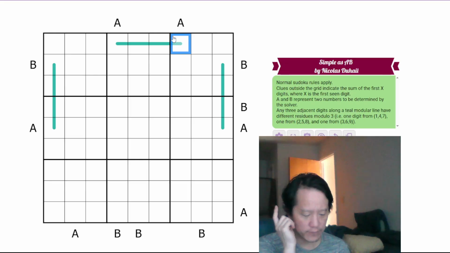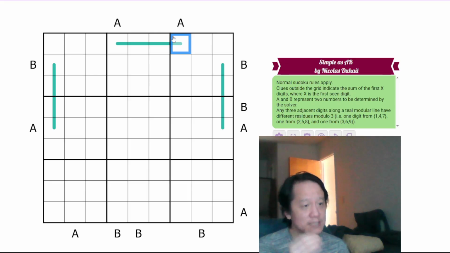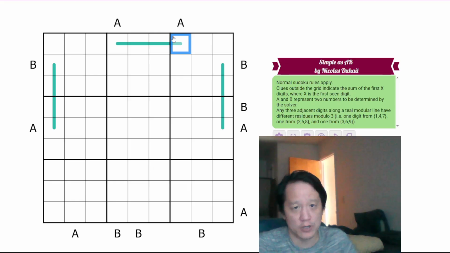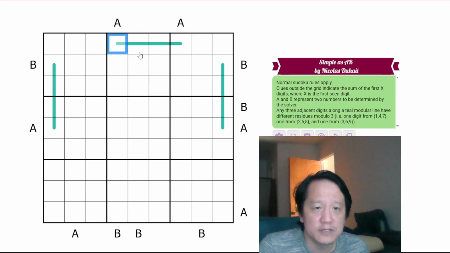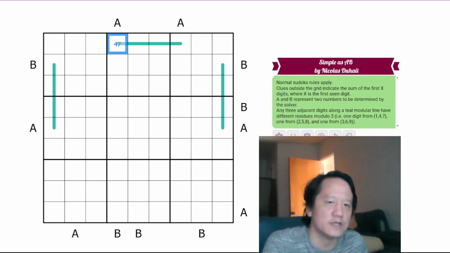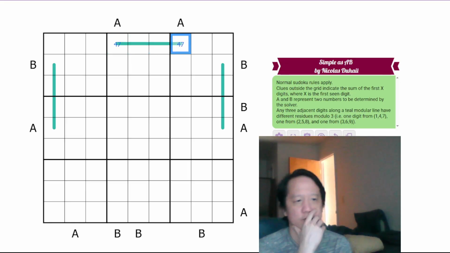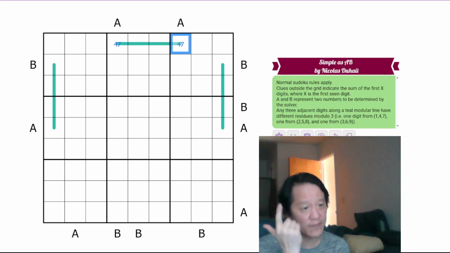And 6 adds up to at least 21. So 3 doesn't work. So for these to be the same modulo set, it can be 4 and 7, I think, does work. 4 could add up to 28, and 7 could add up to 28.